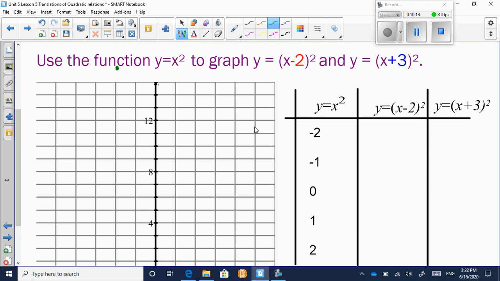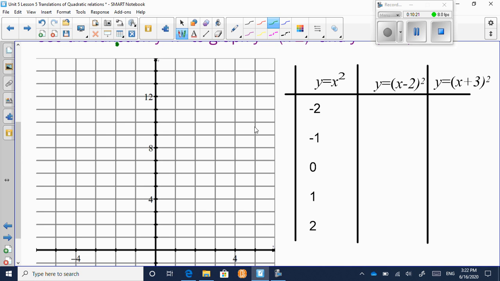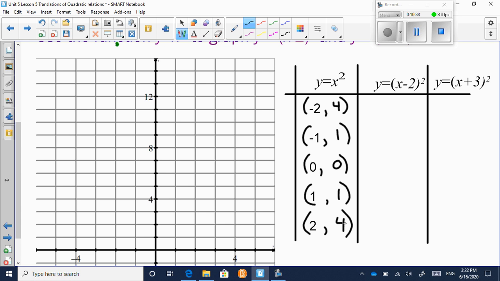Okay, let's try these. Now, again, let's start with our bread and butter. So here it is, -2, 4, -1, 1, 0, 0, 1, 1, and 2, 4. Notice that I've written them as points now.